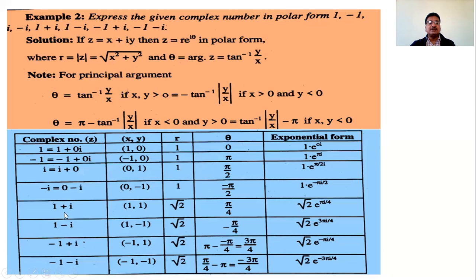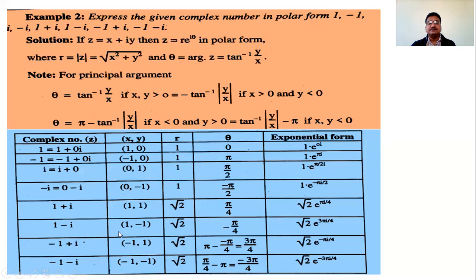For 1 plus i, 1 minus i, minus 1 plus i, minus 1 minus i, the moduli are the same, not the arguments. Because x and y may be positive or negative, but x square and y square are always positive. So the modulus, the value of r, is root 2.